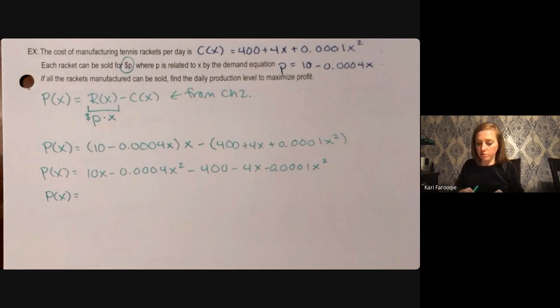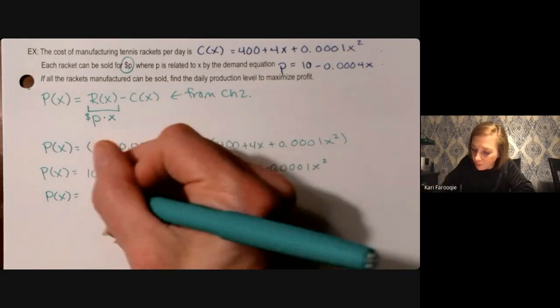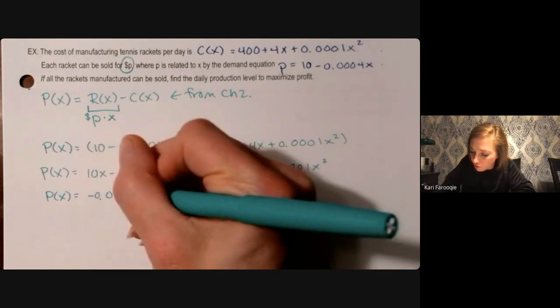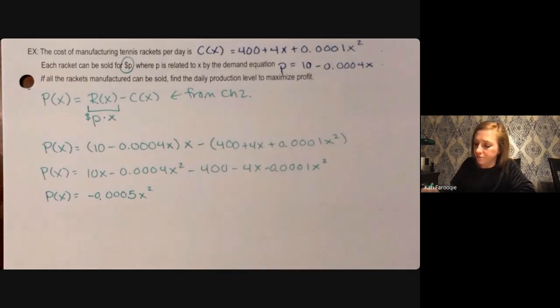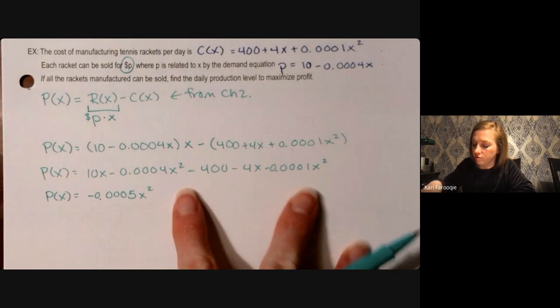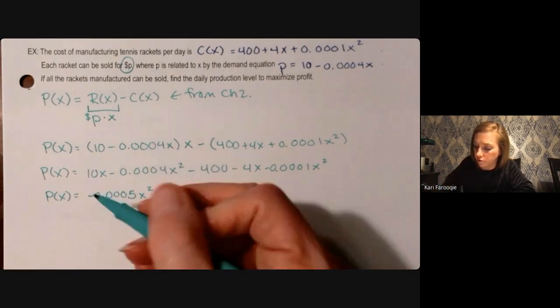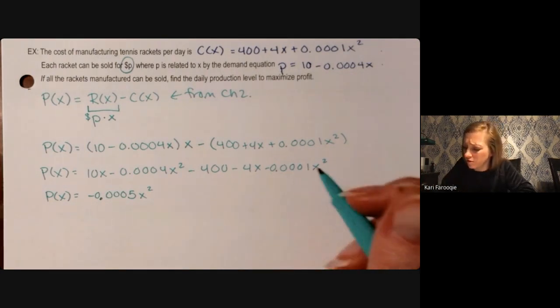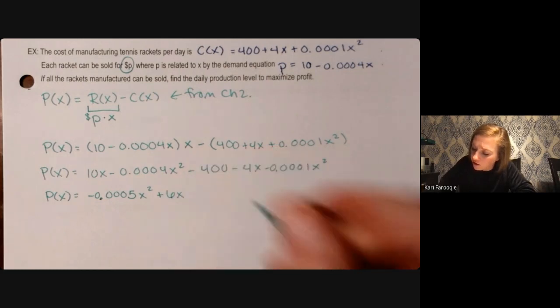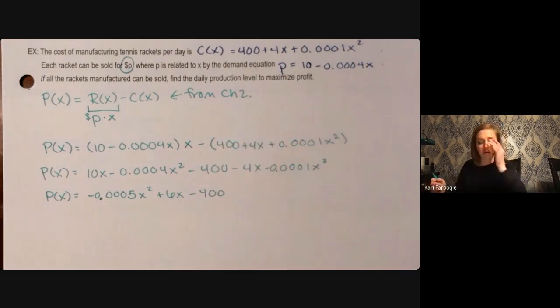So right now I have negative 0.0004 minus 0.0001, and that gives me 0.0005. Oh, negative. I almost forgot about the negative. x squared. So again, you can just negate the zeros and just take negative 4 minus 1 to get the negative 5. Put the zeros back on. I said negate the zeros. It wasn't supposed to be a pun, but I guess it turned out to be one. Plus 6x minus 400.